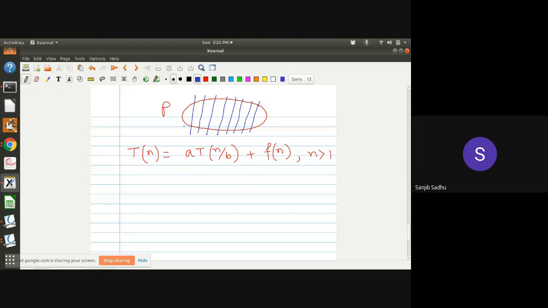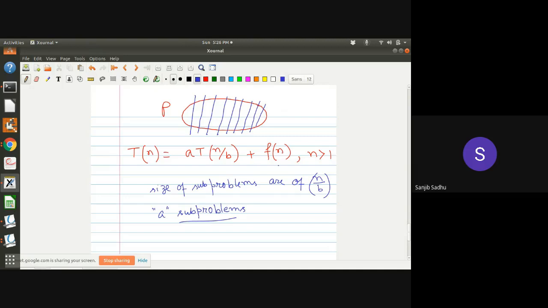So I am dividing it into many subproblems, and the size of the subproblems is n/b. You are taking a such subproblems; you are not considering all of them, only a of them.